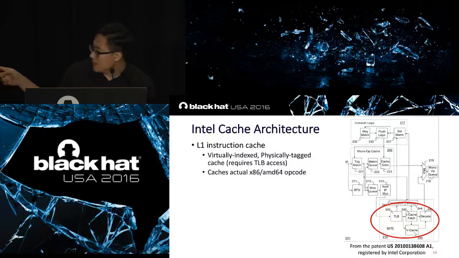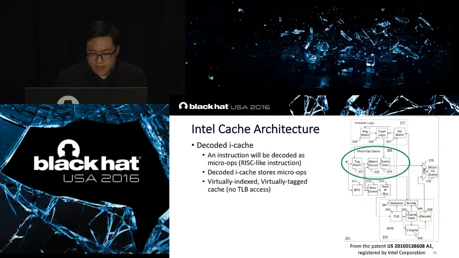which means it requires address translation to retrieve from the cache. So in the figure, there's a TLB at the center. Yeah, so it requires TLB translations to access the cache. And another one is called the decoded I cache, also known as the micro-op cache. While the L1 instruction cache just stores the opcode of x86 or AMD64 instructions, this micro-op cache stores decoded instructions, something like RISC-like instructions.